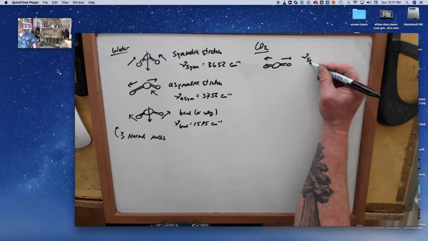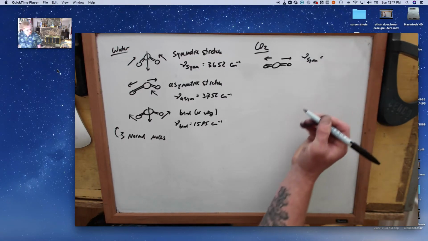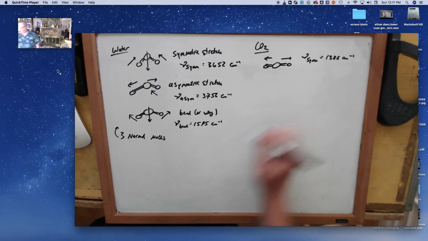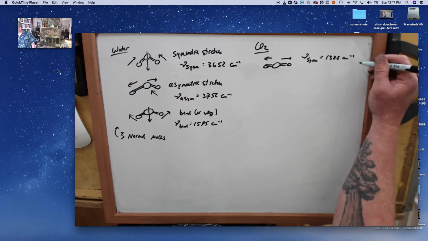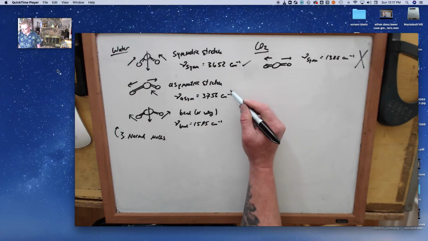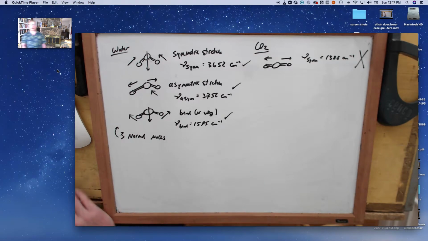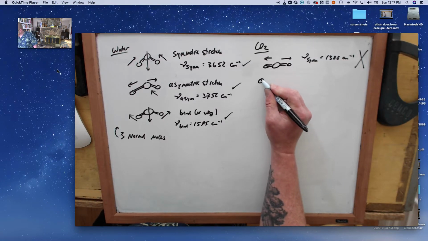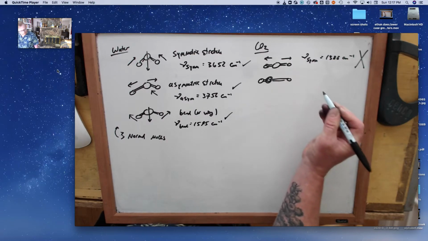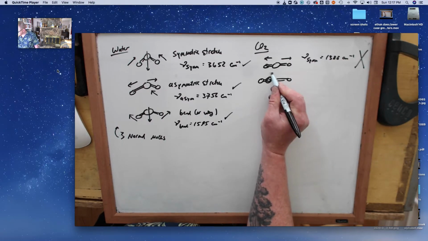And so what that means is the symmetric stretch of carbon dioxide, even though we can calculate that it would be 1388 wave number, is not IR active. So I'll put a big check next to all of these. That is IR inactive. It doesn't change the dipole moment, okay? But certainly the asymmetric stretch of CO2 does, okay?